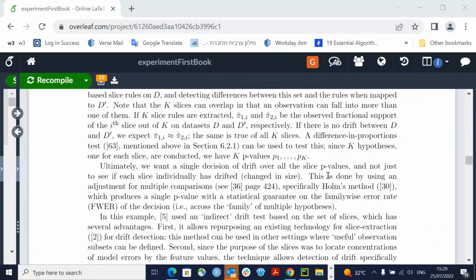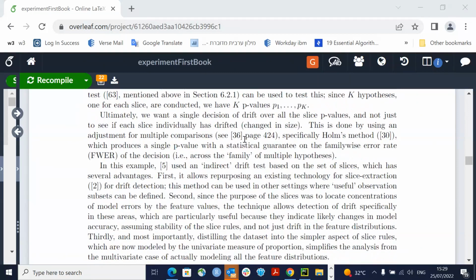So if you describe the data distribution in terms of the fraction of observations that fall into given slices, and use that as your intermediary, then you can test drift. So basically, that's the idea.